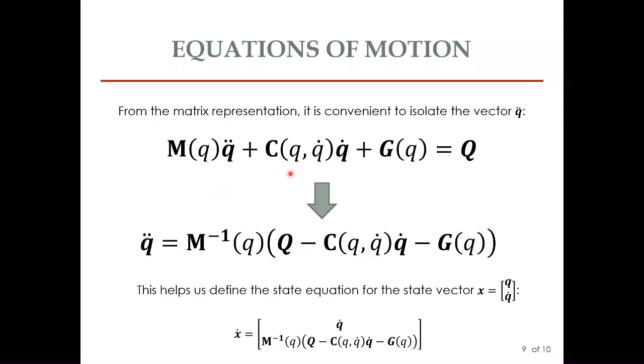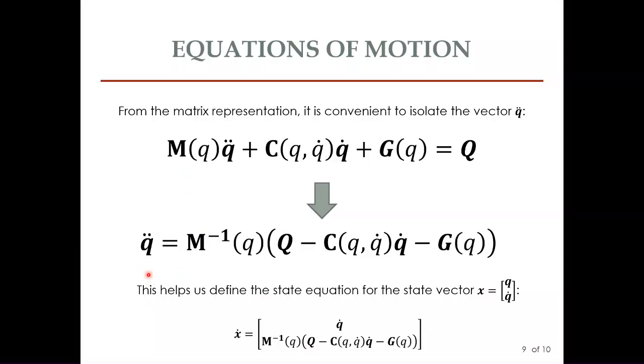So if you present your equations of motion in this form, you can just move this to the right-hand side and multiply by the inverse of this mass matrix and get your Q double dots.